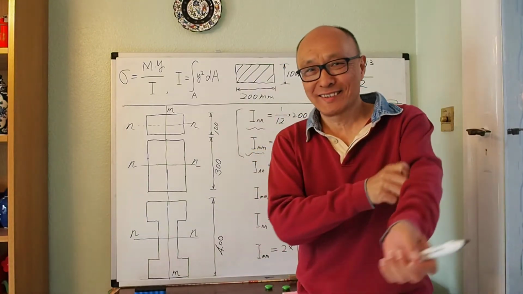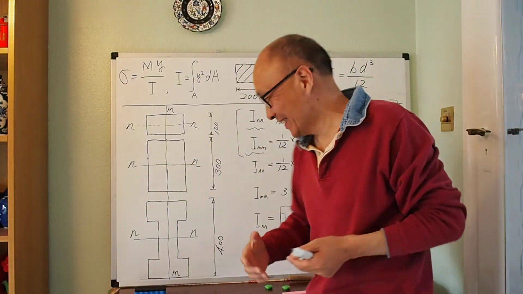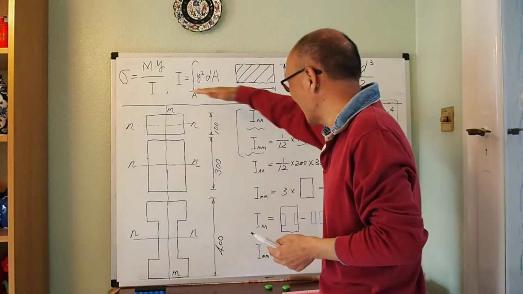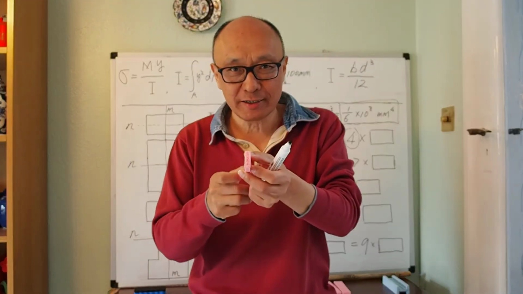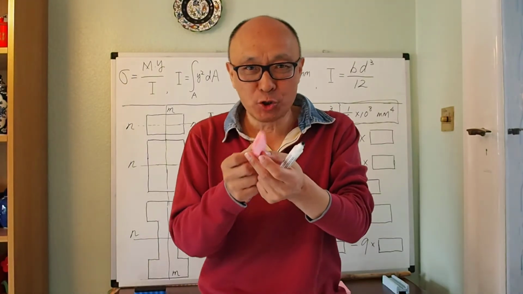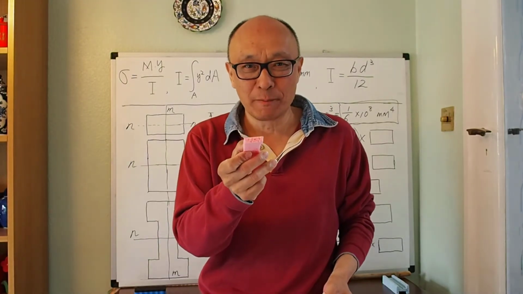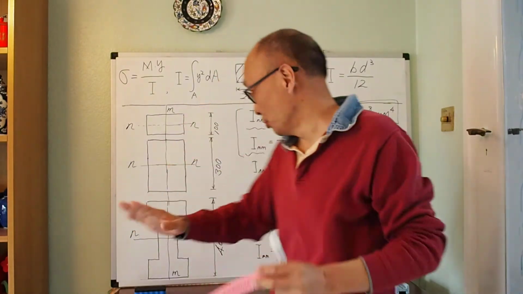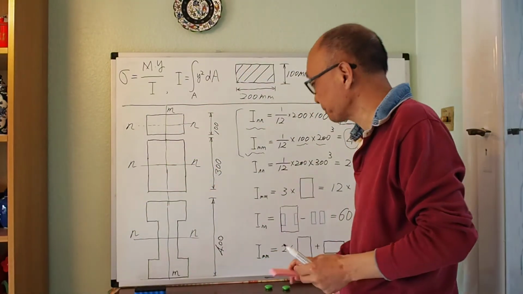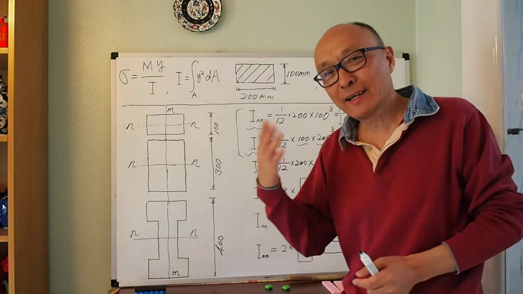So that gives me some understanding of what this I is about. It's a property of this cross-section, but it depends on which way you use your beam. So we understand it by looking at the beam, but numerically it comes out that way. So that's my first case.